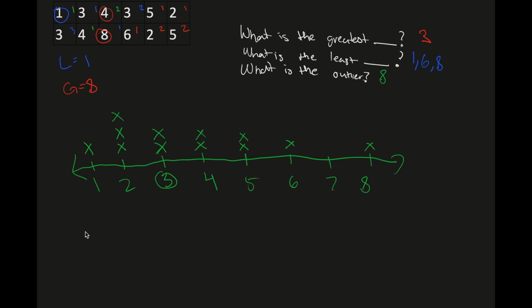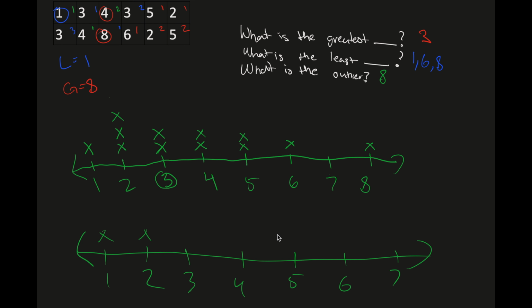Let's say you have a number line. I'm not going to spend as much time making this one straight, but basically you have 1, 2, 3, 4, 5, 6, and 7. You have 1, 2, and then you have the rest of the data right here.